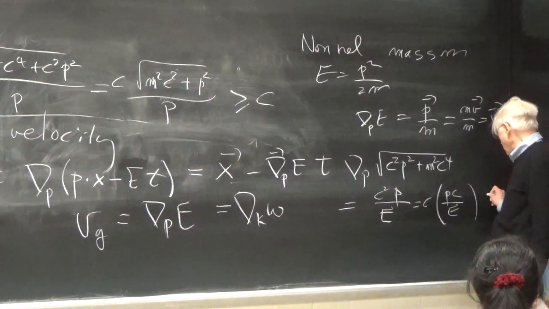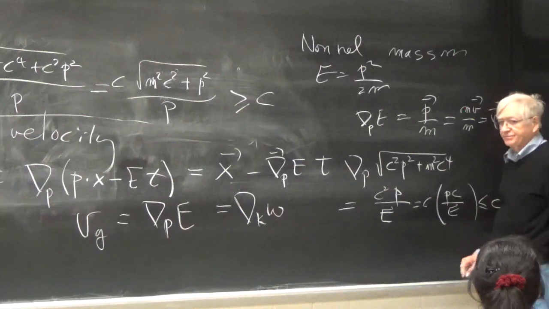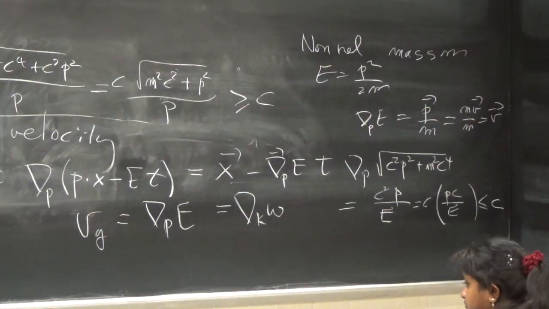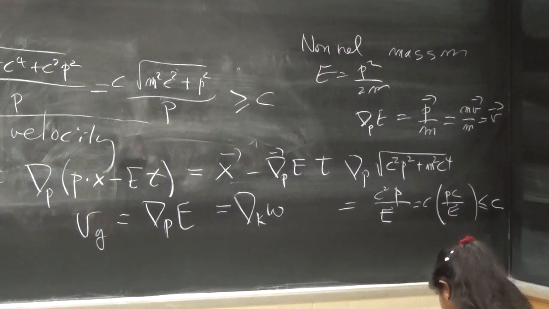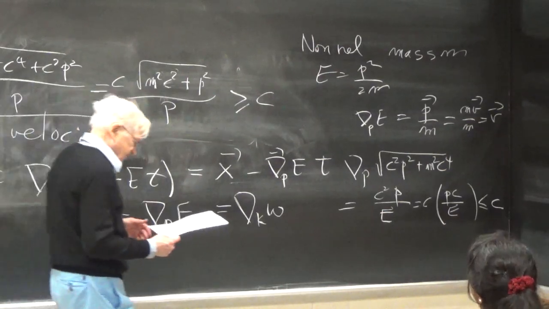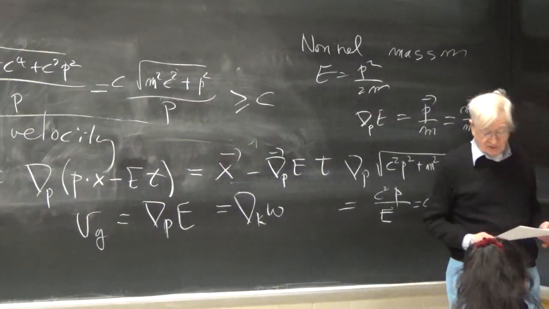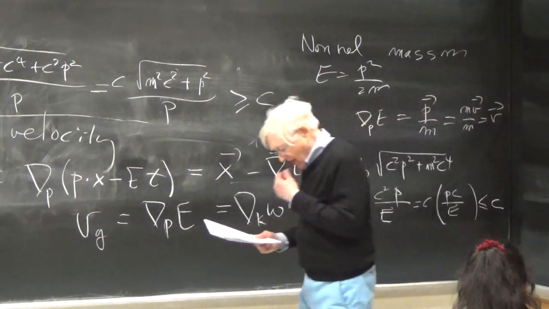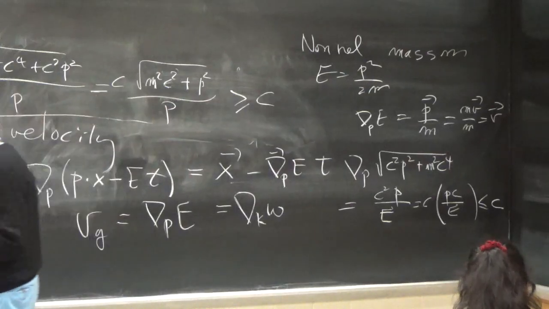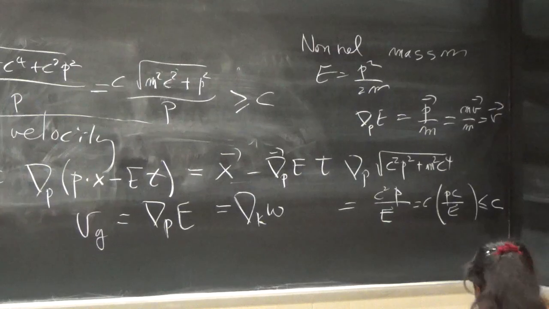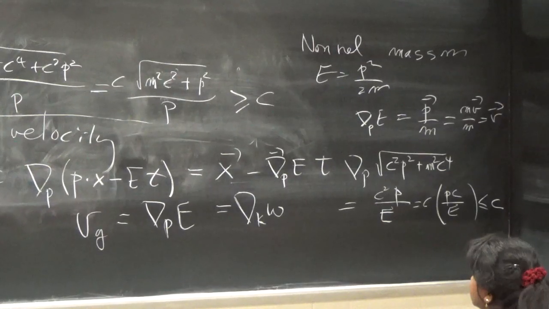And so this is always less than or equal to c. When m is positive, it's always less than c. So this is what we associate with the actual physical velocity of the particle. In other words, the quantum mechanical interpretation of the velocity of the particle.